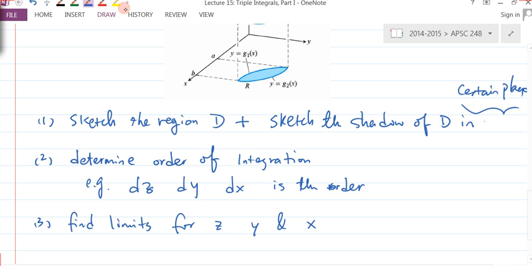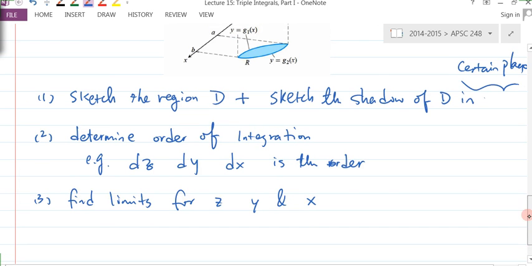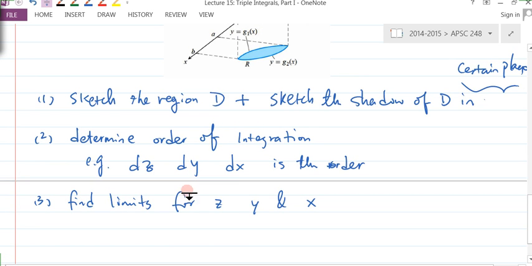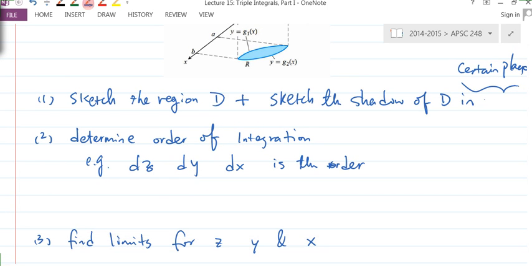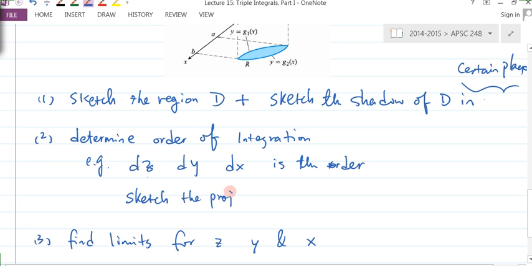So if this is the order here, then we sketch the projection of D in the xy plane.